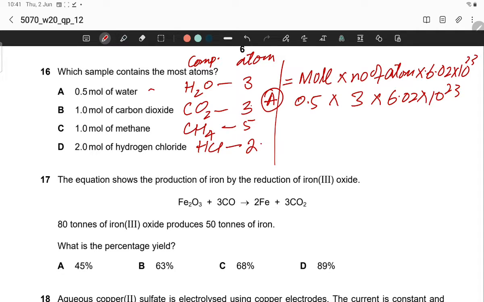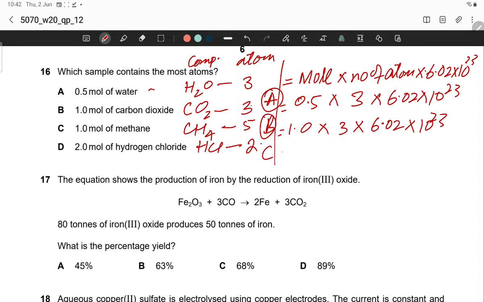Let's calculate, 0.5 into 3 into 6.02 into 10 raised to 23. After calculating each amount, this is A, this is B: 1 mole into 3 into 6.02 into 10 raised to 23.